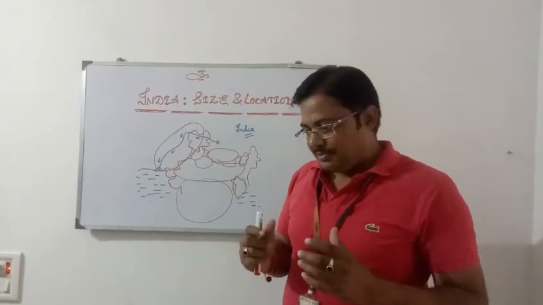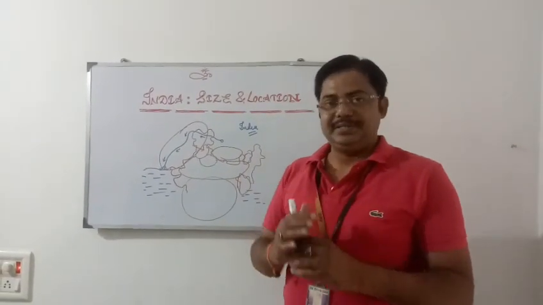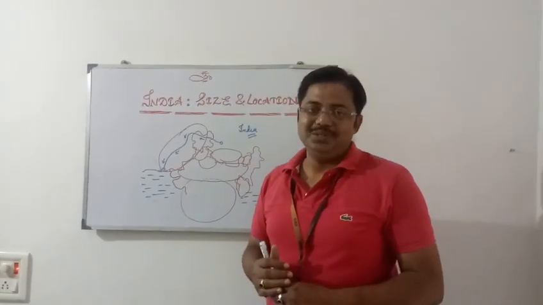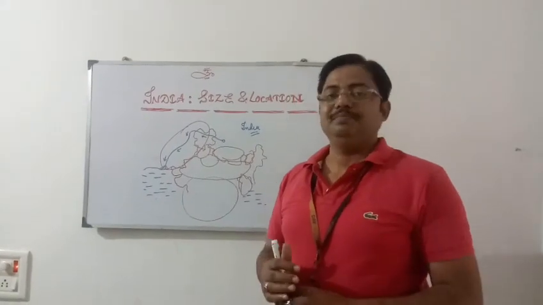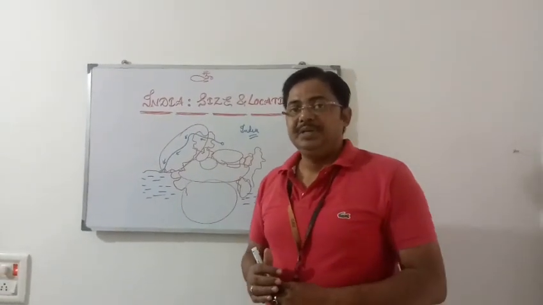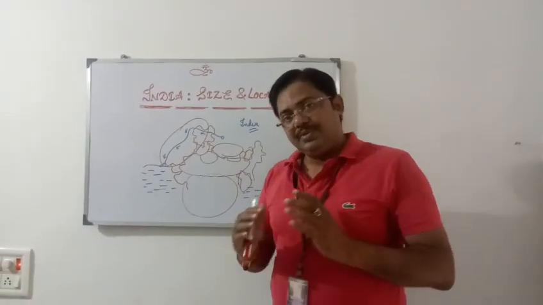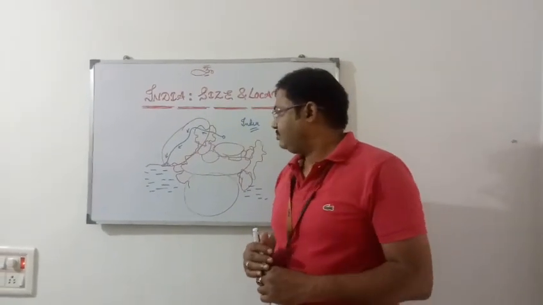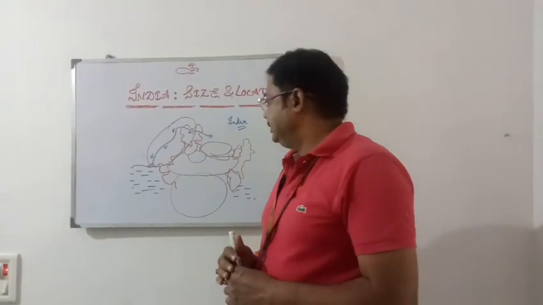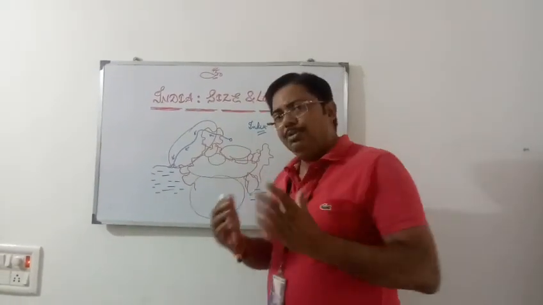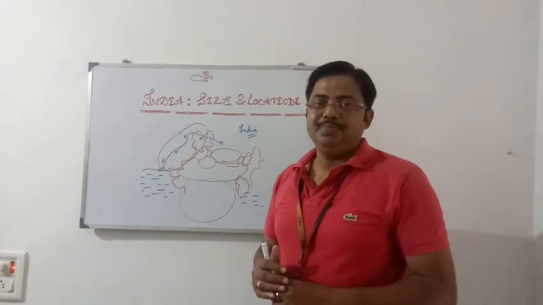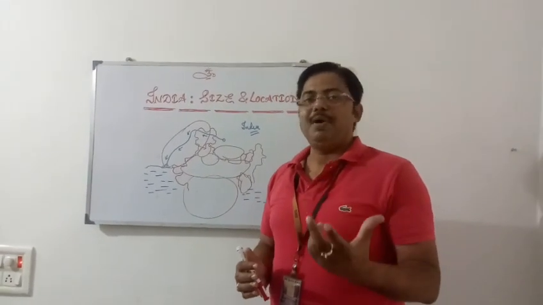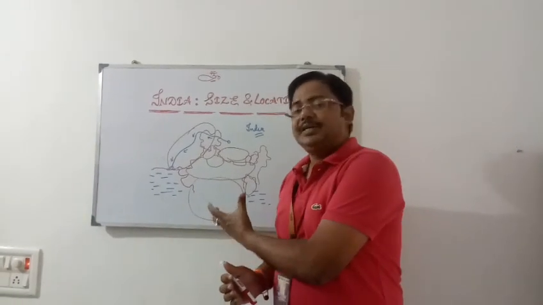So the very first concept of continents as dweeps came to us through the book of M.S. Ali, a great geographer. He gave the concept, and this is a very authorized book, that Jambu Dweep was the ancient name of Asia and India was part of that Jambu Dweep.